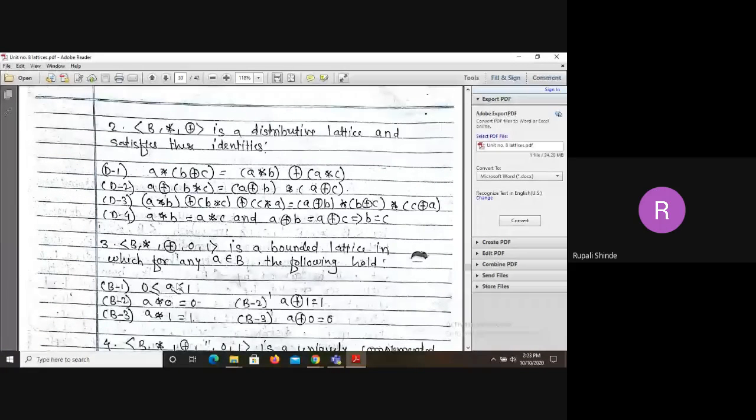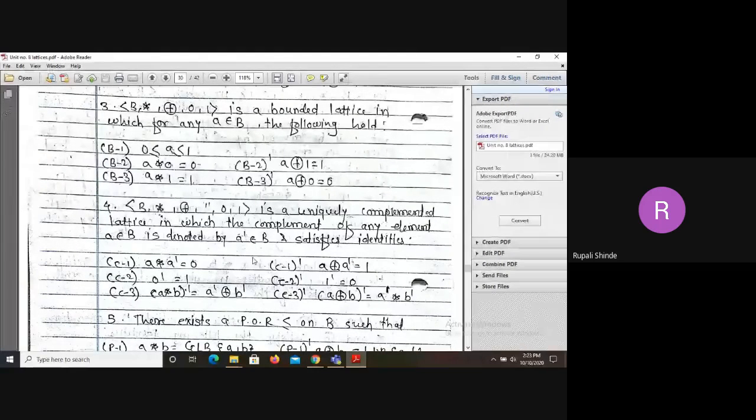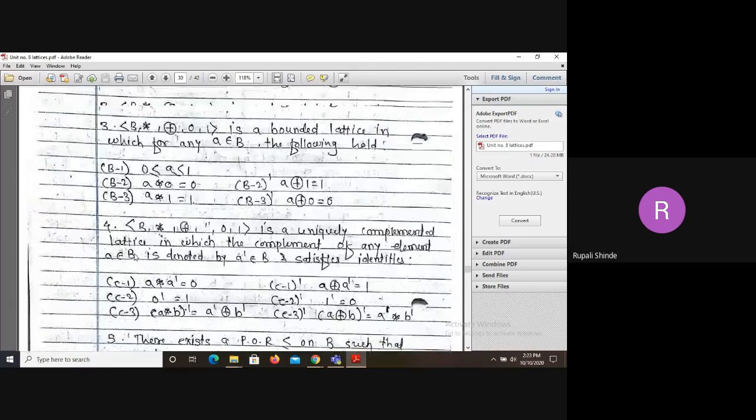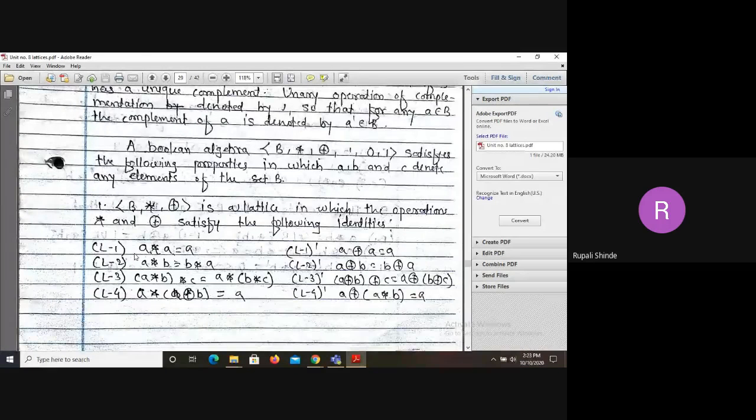Third, we have taken word as bounded lattice, so third part covers the properties of bounded lattice. Fourth one, it is a complemented lattice, so fourth part includes all the properties of complemented lattice. And last part, this satisfies partially ordered relation, and those are included in fifth part. So these are total 5 parts of properties of Boolean algebra.